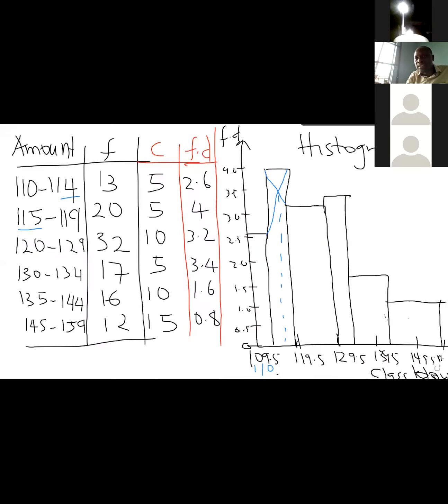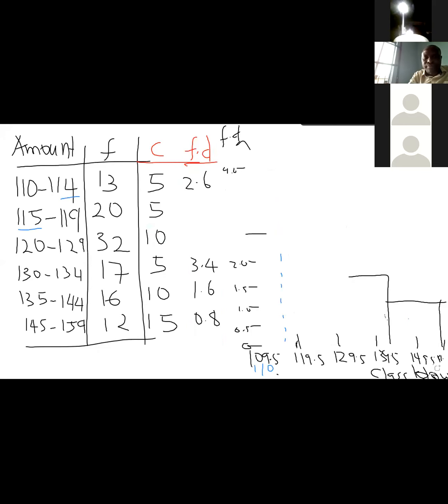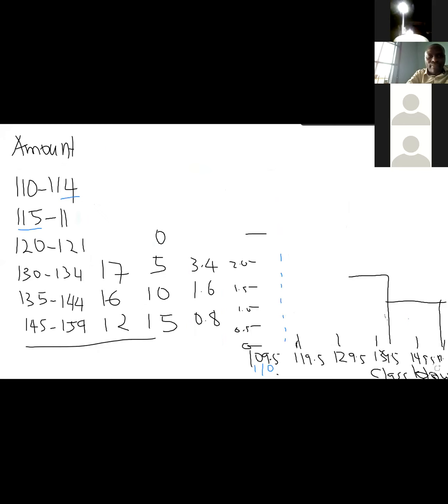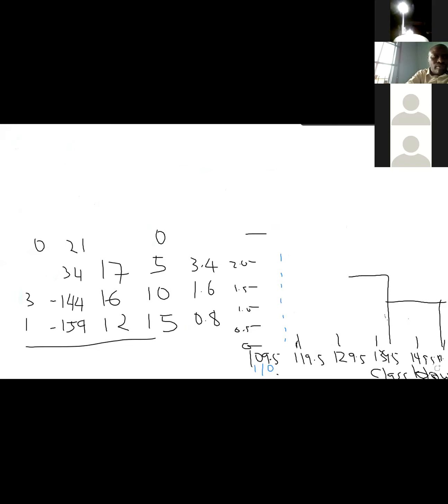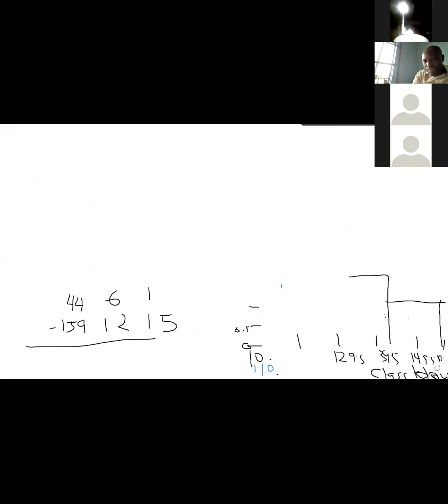Okay, good. Let's first now clean our board. We have agreed that that was our histogram. Allow me to clean this histogram off so that we don't have a dirty blackboard.